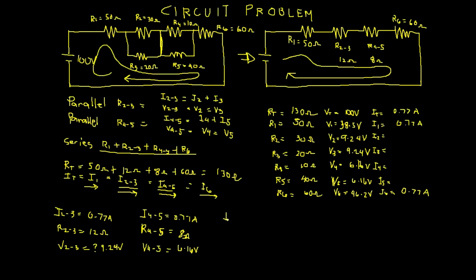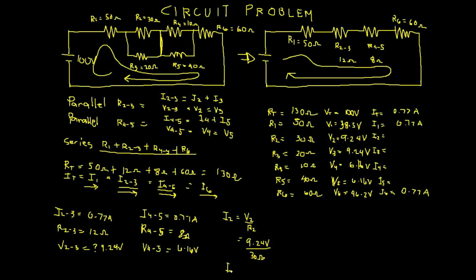So, umpisa natin sa I2. So, voltage 2 divided by R2. So, ang voltage 2 natin is 9.24 volts divided by, ang R2 natin is 30 ohms.